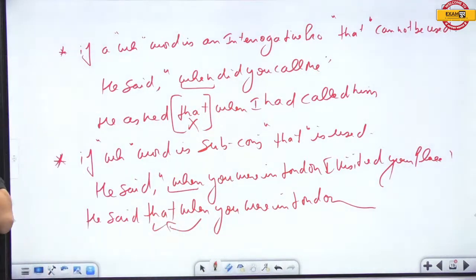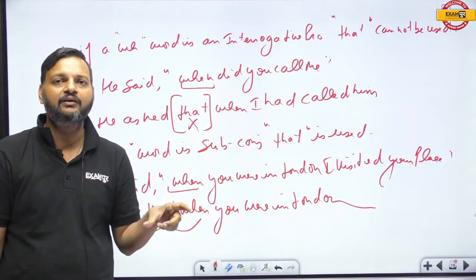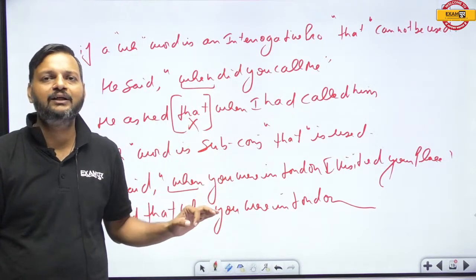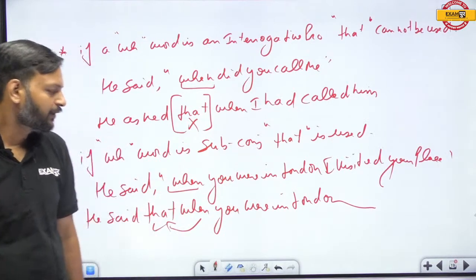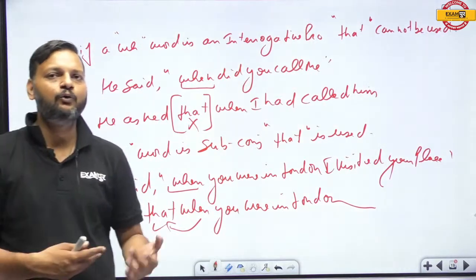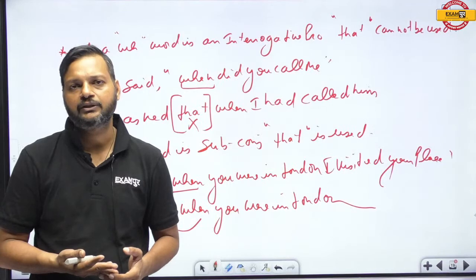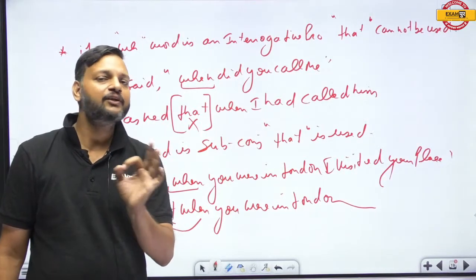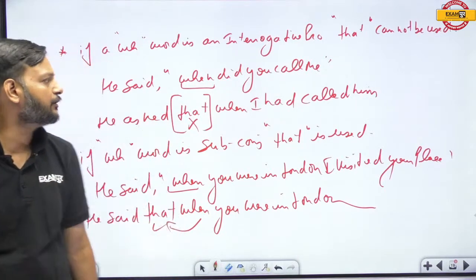So these are the two things that you have to keep in mind: if when is an interrogative pronoun, you cannot use that with it in an indirect sentence, but if a WH word is a subordinate conjunction, that will definitely be used before it. Okay, and how to figure out whether a WH word is an interrogative pronoun or a subordinate conjunction. So remember one thing, if there are two clauses, the WH word is a subordinate conjunction, but if there is only one clause, the WH word is an interrogative pronoun.